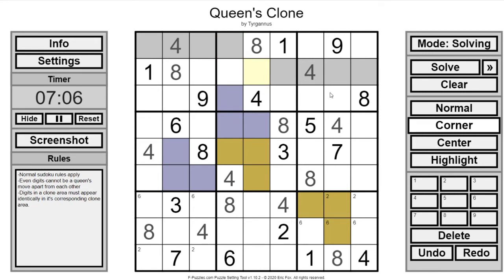Alright, let's look at odd numbers. One can't go here because of clone rules.